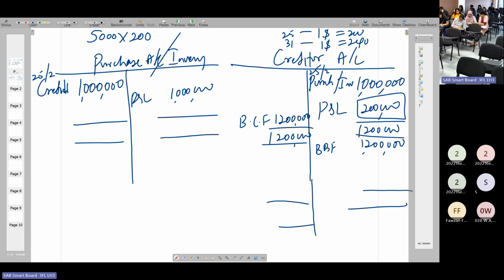The rate further fluctuated to 250, so 12.5 million. So we should pay 1.25 million, double entry. Cash credit, creditors account debit, 1.25 million rather than cash here.